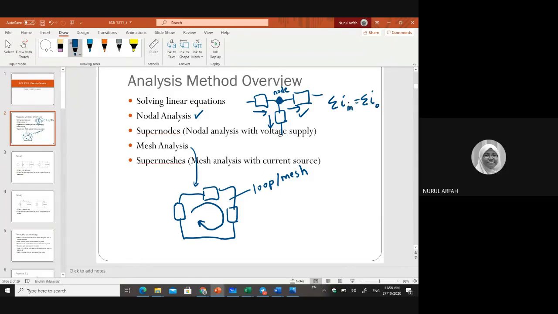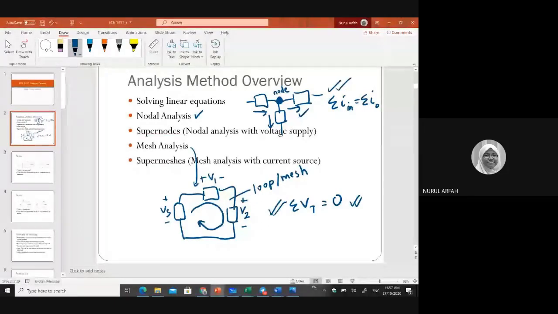For mesh, we know that KVL around the loop applies: the summation of all voltages around a closed loop should be equal to 0. So basically for mesh, we apply this, and for nodal analysis, we apply the other.